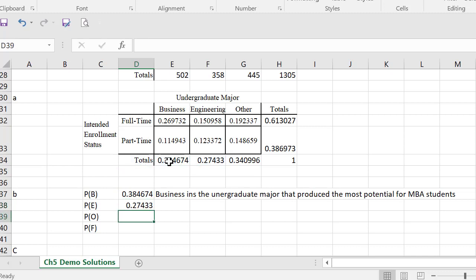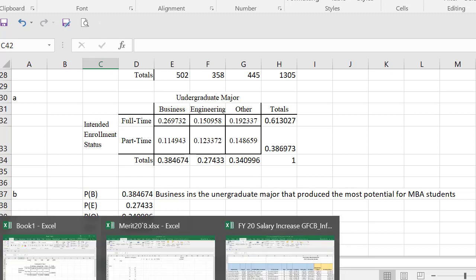Probability of E. Probability of F. And so on. All right, now we can do C.